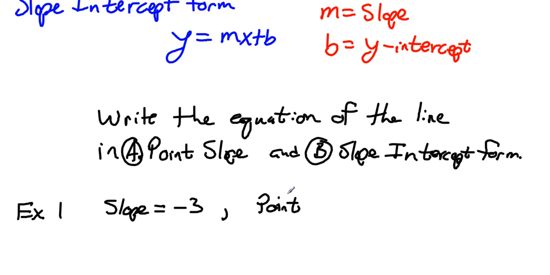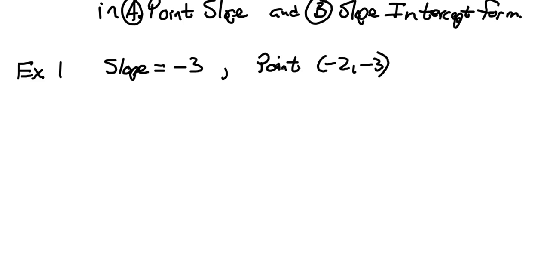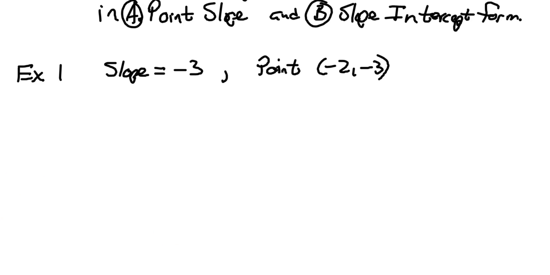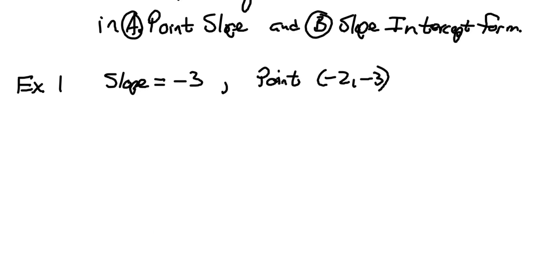Okay, for this one, our slope is -3, and we're going to have a point on the line that's at -2, -3. Again, back to the KISS method here. Let's keep it simple. Slope is -3, so that tells you that your m value is -3.